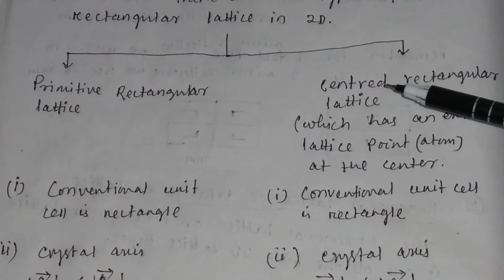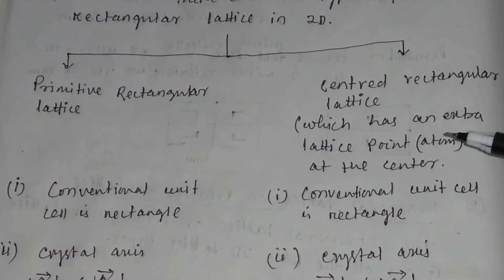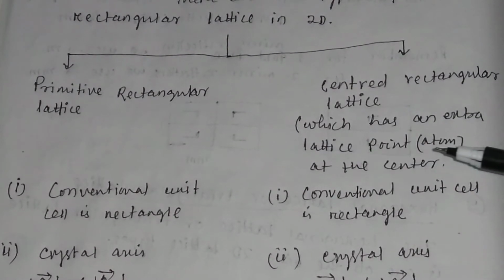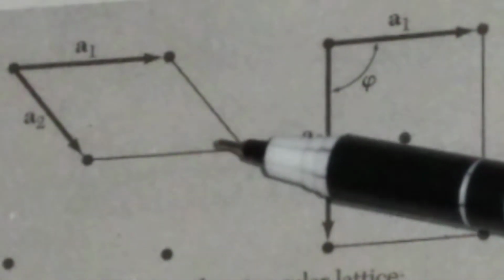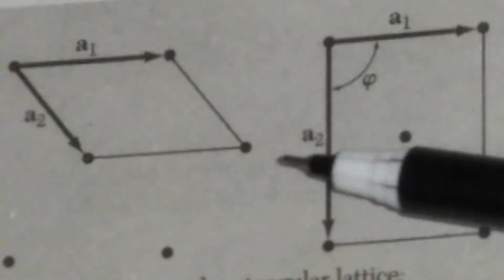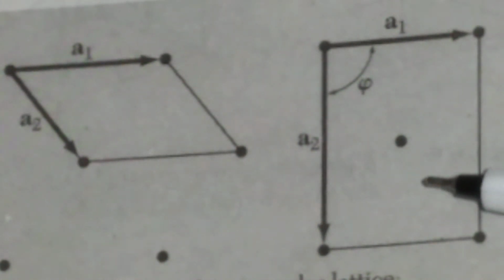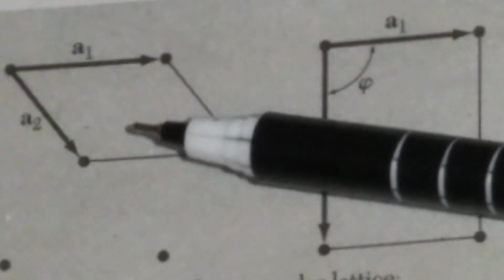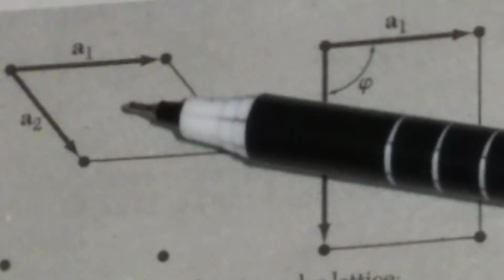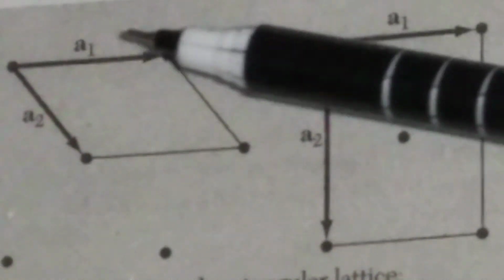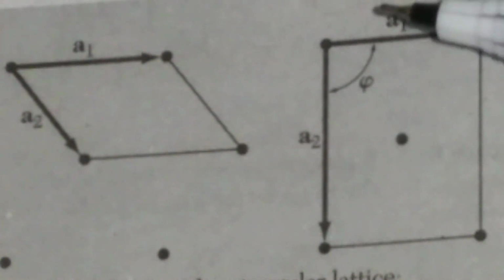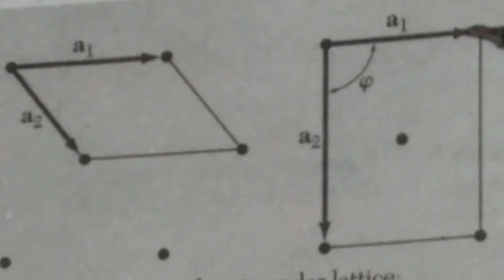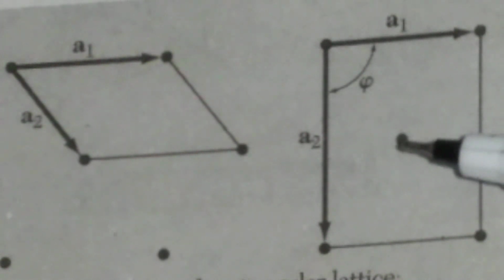You see in this picture the difference. In the primitive rectangular lattice, there is no lattice point at the center; there are only lattice points at the corners. But in the centered rectangular lattice, you have corner lattice points and also a lattice point at the center.